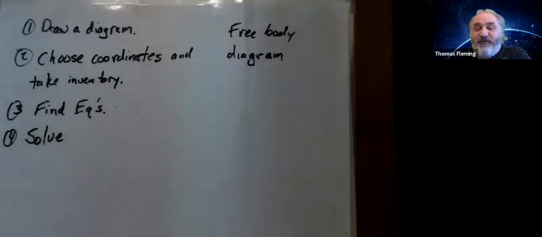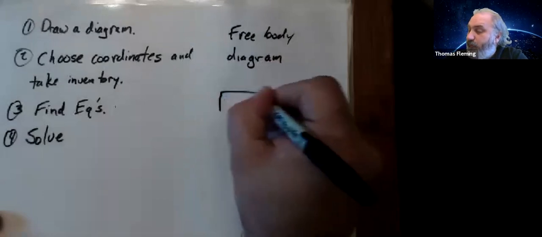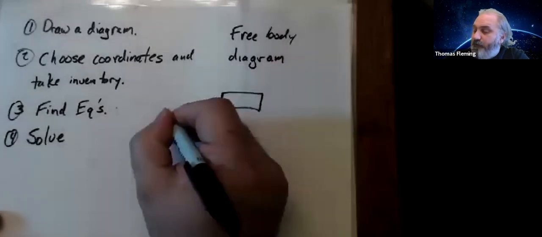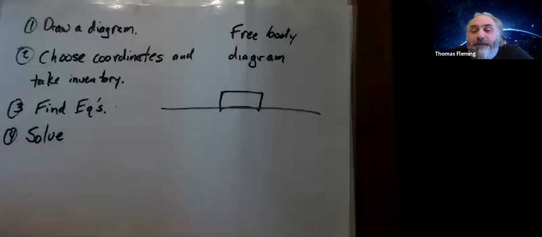So imagine that I had something simple like a book resting on the ground. Here's my book, here's the ground, and I want to think about what forces are acting on that book. And once I've identified a force, I'll just draw an arrow representing that force and label it appropriately. Now, what are the forces acting on that book? Well, obviously gravity pulls on the book. And we learned about the force of gravity yesterday.